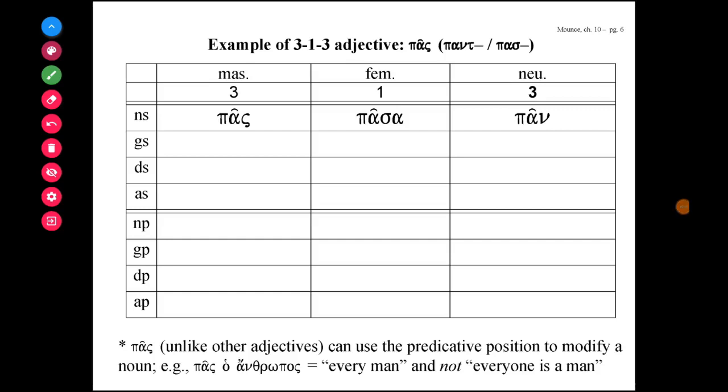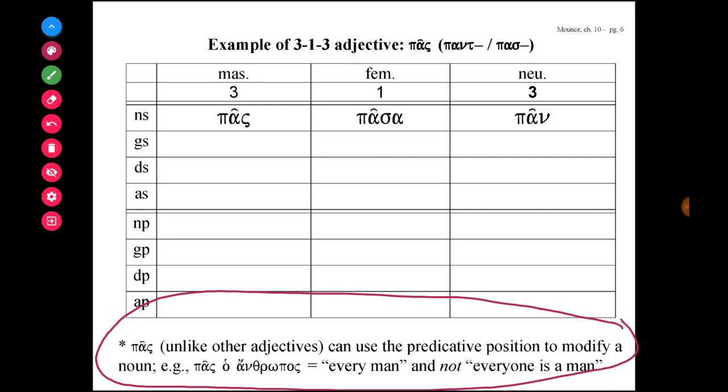And those are the forms. Let's clear the board. And here I just want to highlight a particular note. This is unique to the adjective pas, pasa, pan, and that it likes taking what we call the predicate position when it modifies a noun. So if I wanted to say every man, notice here's your adjective, here's your definite article, here's your noun. This is an ADN sequence.